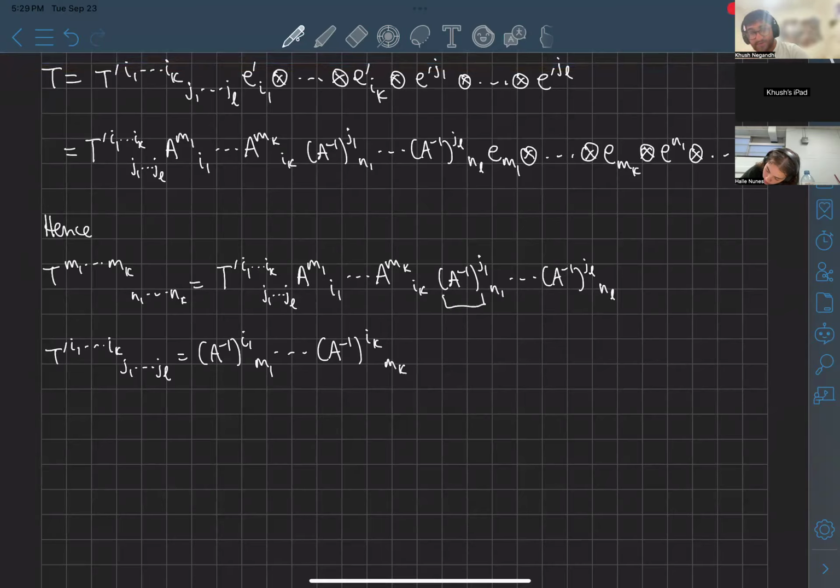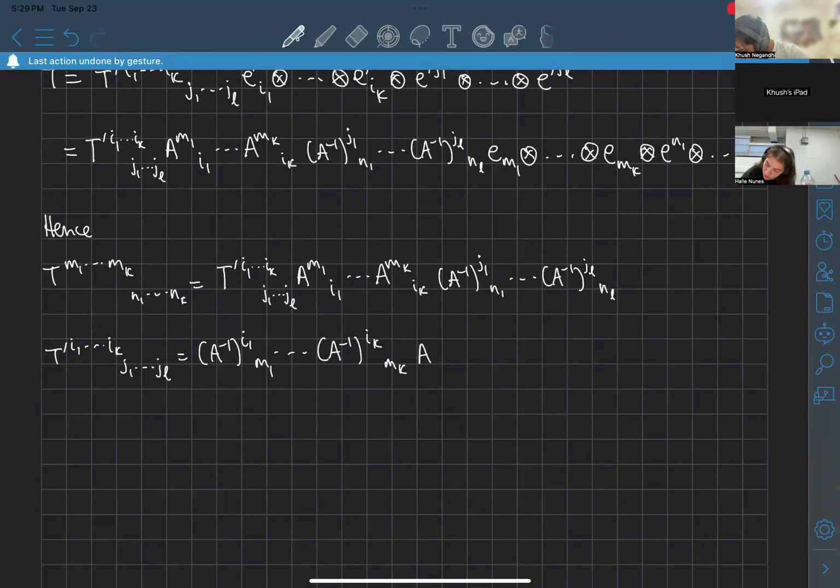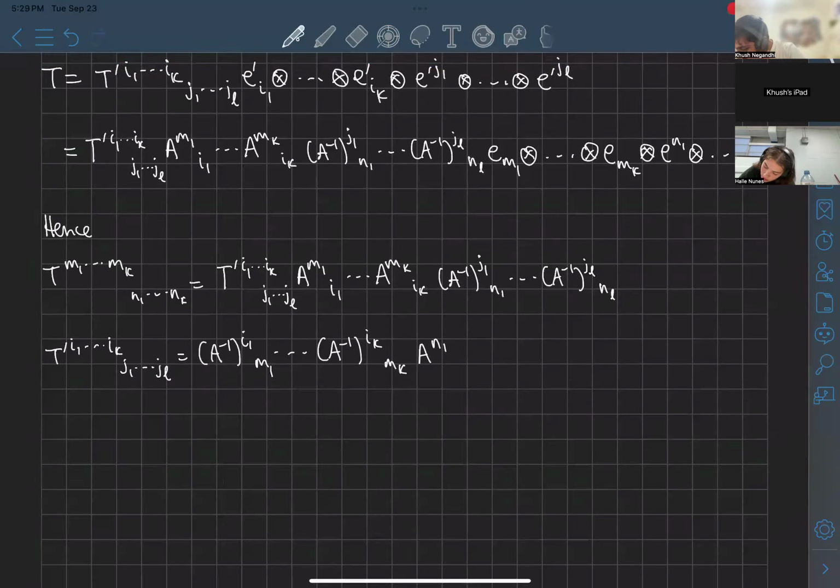And then I need the inverse of this matrix, but that's just the matrix A. So this is A^{n1}_{j1}, and so on, and I'm left with A^{nl}_{jl}, times T^{m1...mk}_{n1...nl}. Okay.